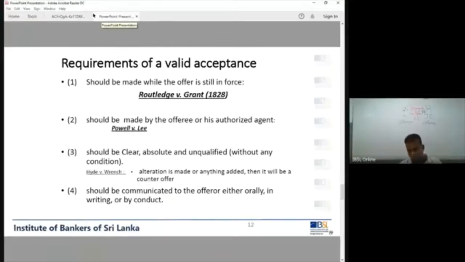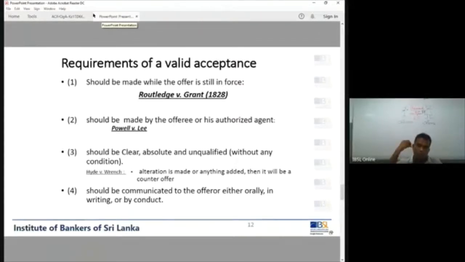For example, the offeror makes an offer to sell a vehicle, and the offer says the offer is valid only 7 days. So the operative period is mentioned there. The offer is valid 7 days.